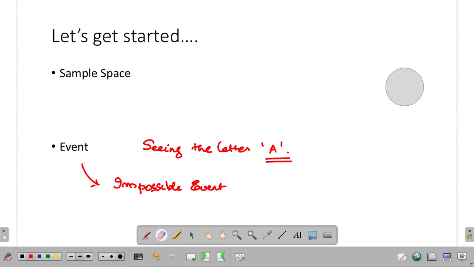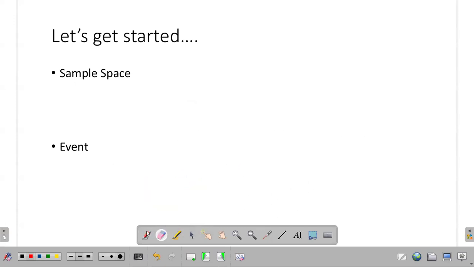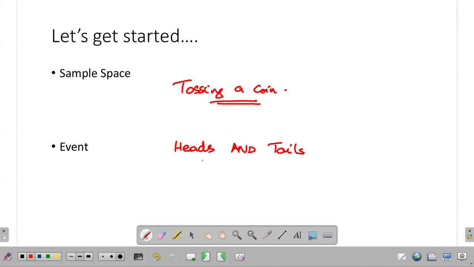In the same way, let us consider the case that I am tossing a coin. Okay, now I am defining an event, that is, I end up seeing heads and tails. Please note, I am using the word and here. I end up seeing heads and tails. So when I am tossing a coin, will I see heads and tails at the same time?